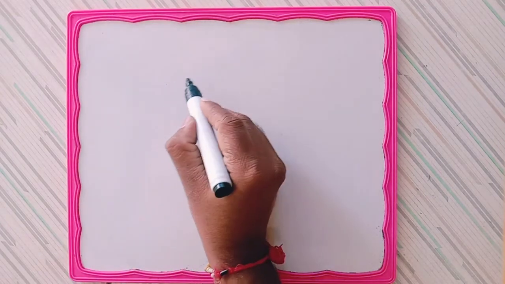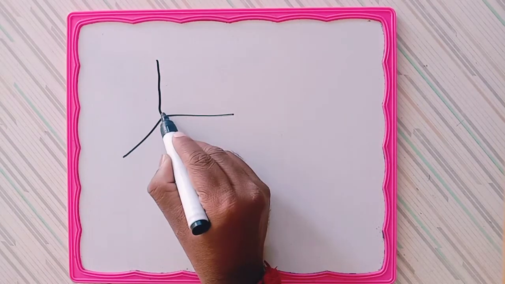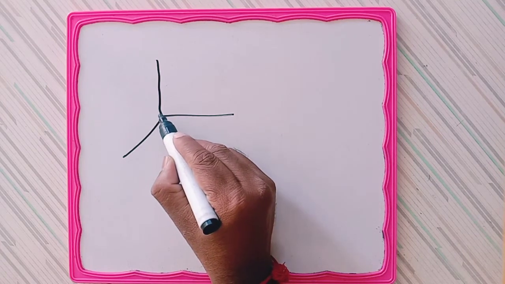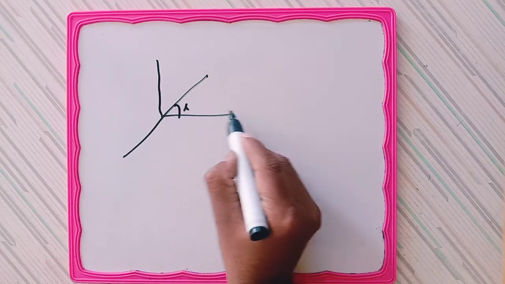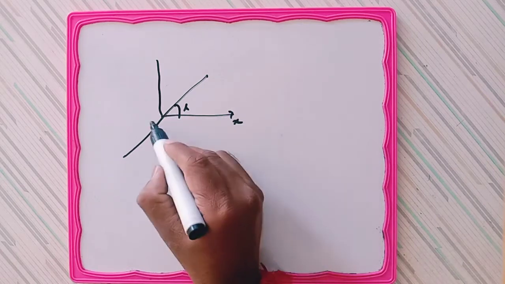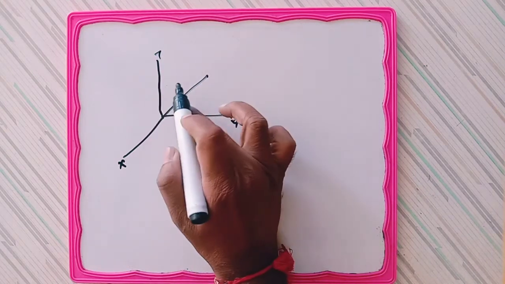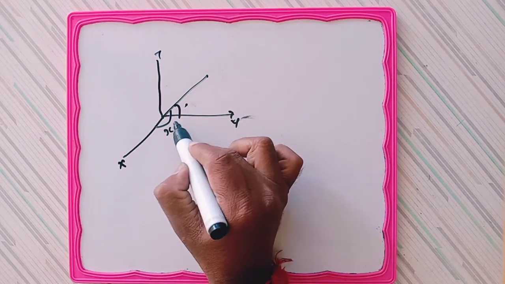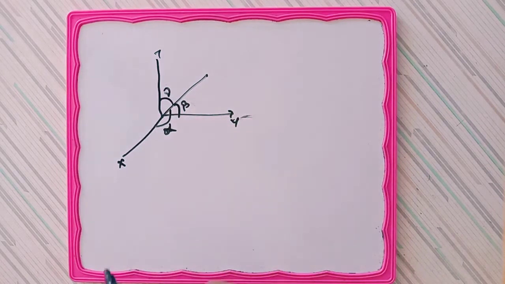Now suppose the point P x, y is there. The vector joining it makes the angle alpha with the x-axis. For the x, y and z axes, the three angles made are alpha, beta and gamma with the axes.